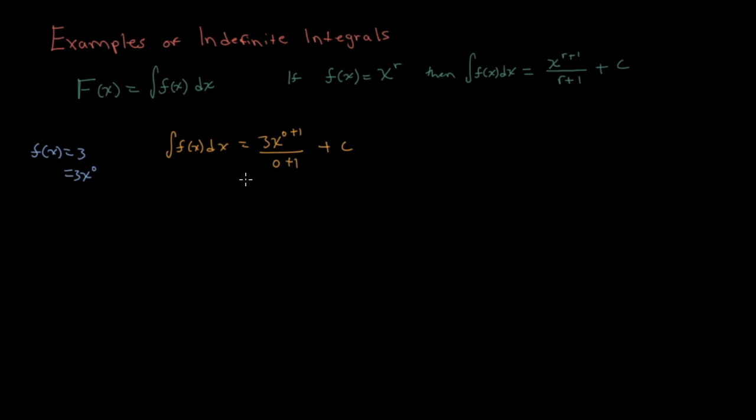And of course, this gives us 3 times x to the power of 1 over 1, which you can simply write as 3 times x. Sorry, I should not forget the plus c. So 3x plus c. That one's pretty straightforward. How about another one here?